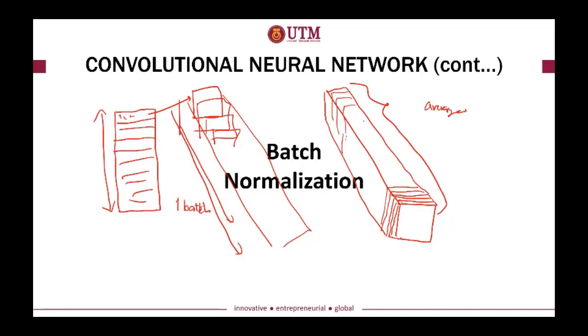But if you talk about mini batch gradient descent, remember, this is the one that is always common in deep learning. They always use mini batch gradient descent, where they separate their data set into several batches.